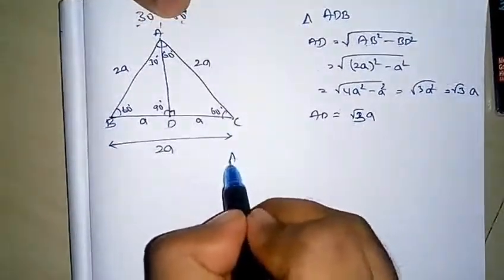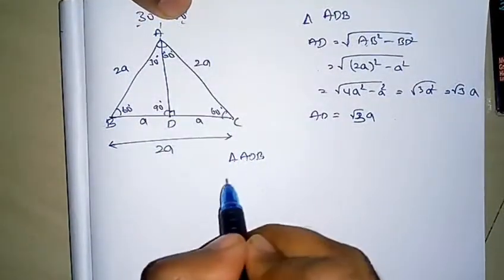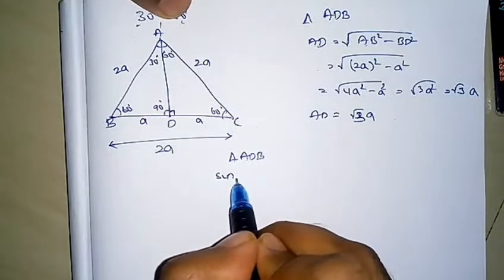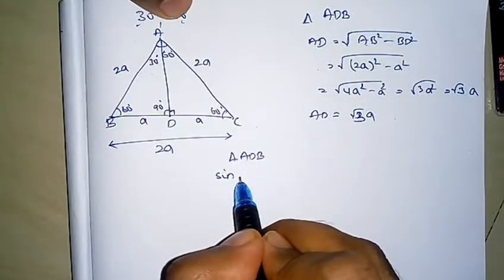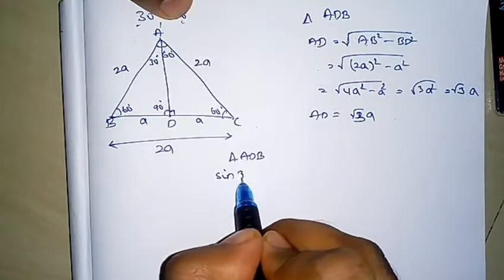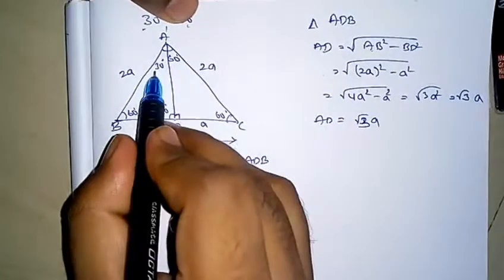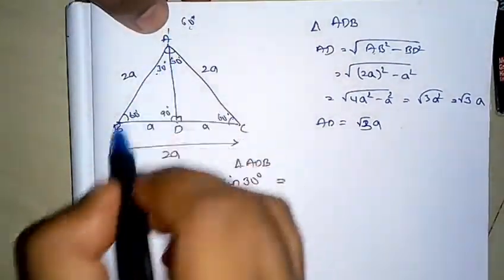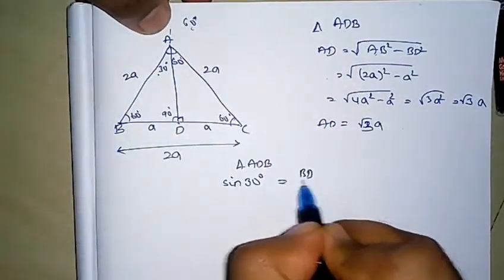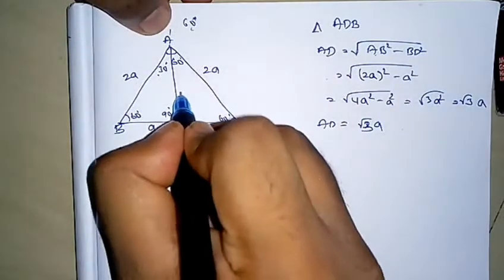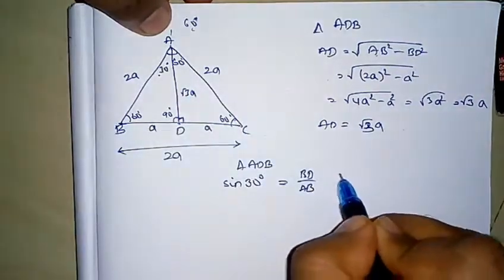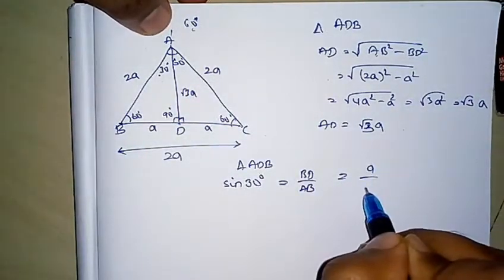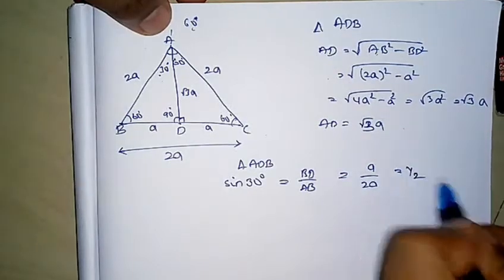Now in triangle ADB, sine 30 degrees, this angle being 30, will be opposite side BD by hypotenuse AB, which is A by 2A, equal to 1 by 2.